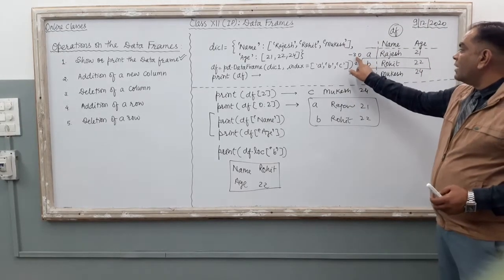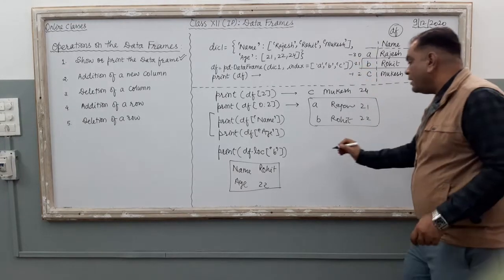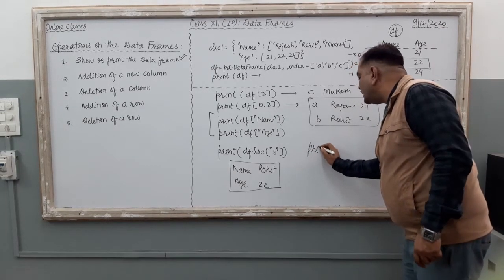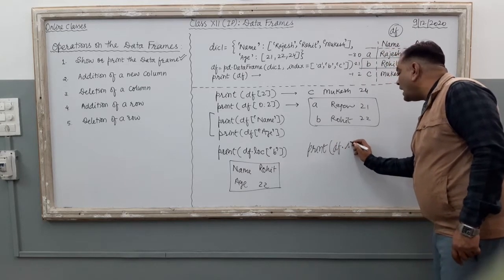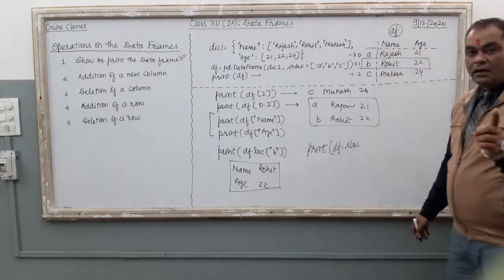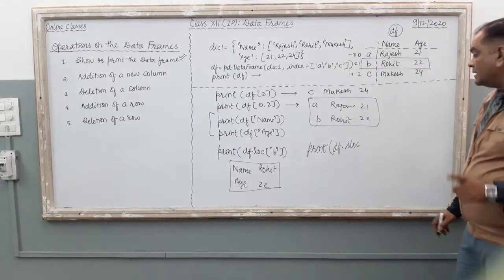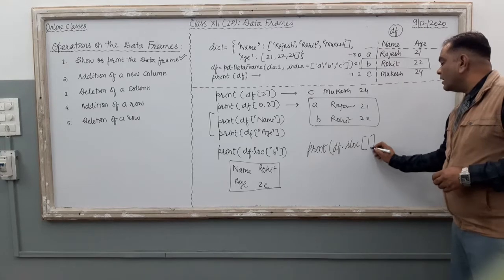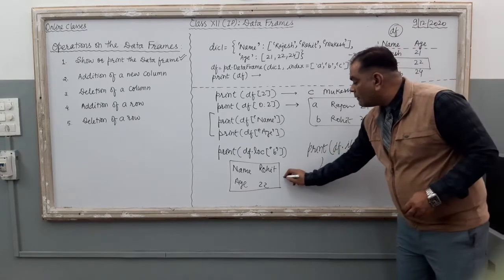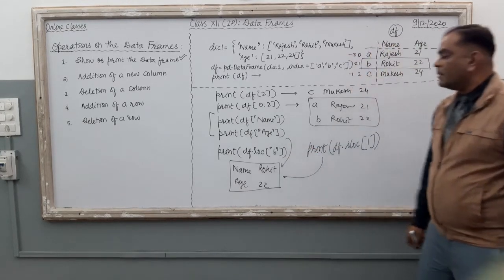Here, just see the forward indexing 0, 1, 2. If I use the same thing with this one, print df dot ILOC, it should be in small letters, and here if I supply 1, just see the same output will be there from these two commands.